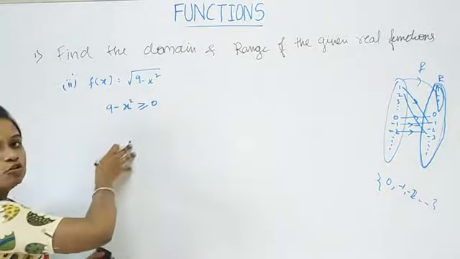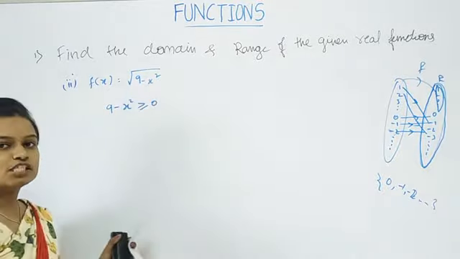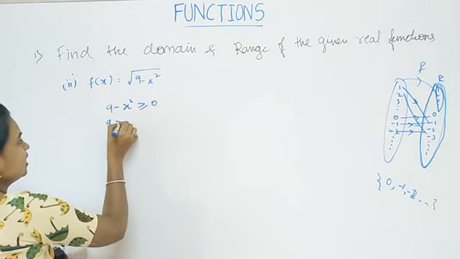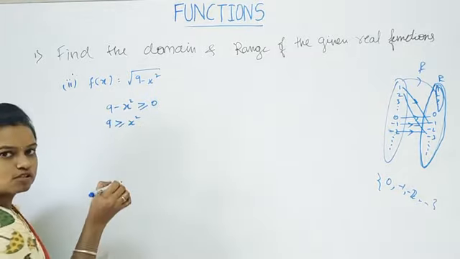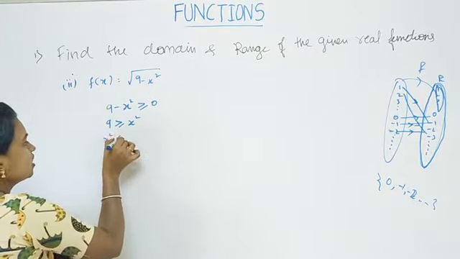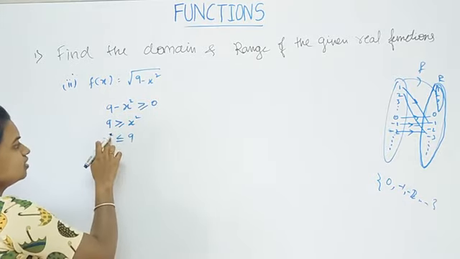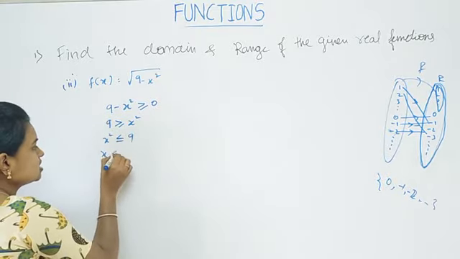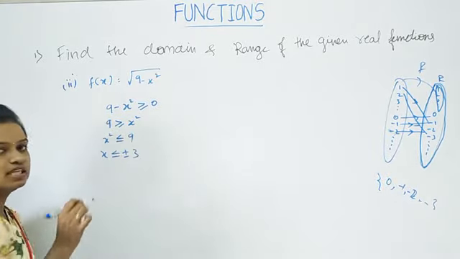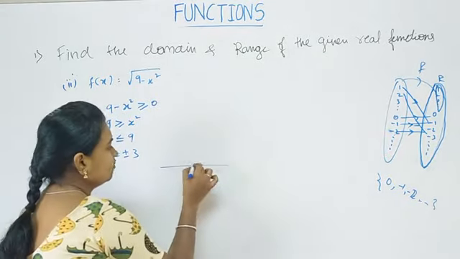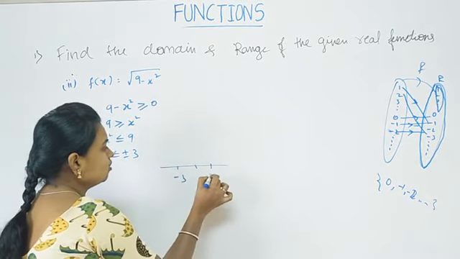For a real value, 9 minus x square must be greater than or equal to 0, or 9 is greater than or equal to x square, or x square is less than or equal to 9. Taking the square root, x is less than or equal to plus or minus 3. So x is defined only when it lies between minus 3 and plus 3.